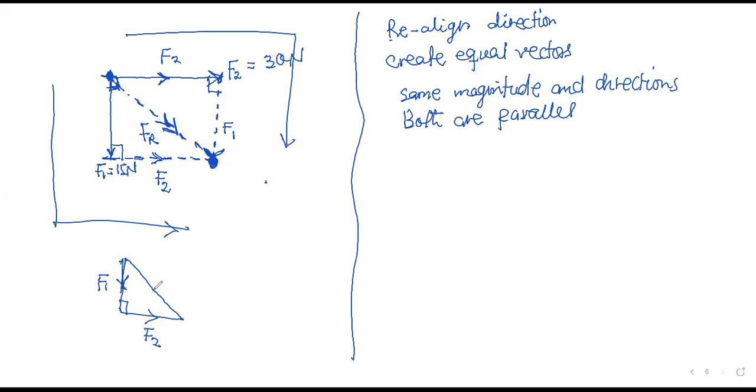Now, class, by doing this, I've realigned their directions. You can now say that F2 and F1 are coming to this point, O, because their directions follow a certain order. When you do that, we say that F1 plus F2 must be equal to FR.